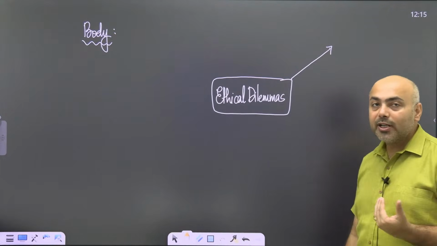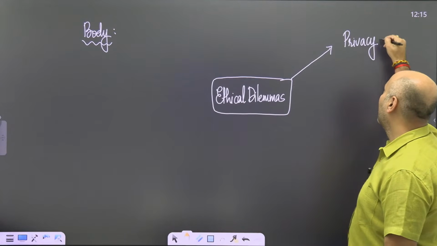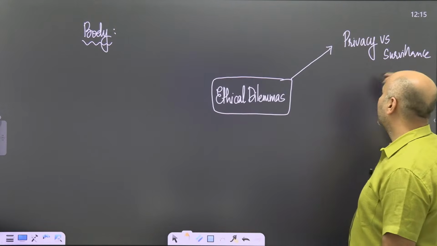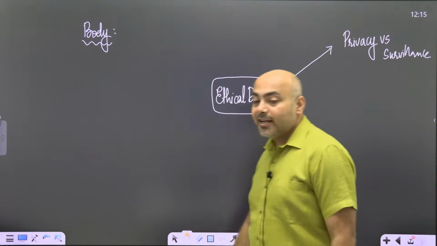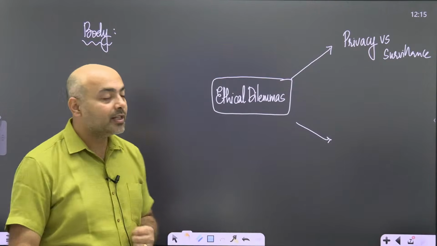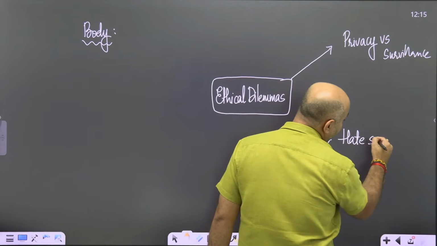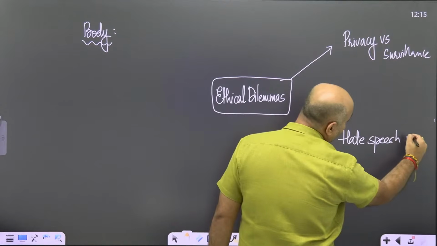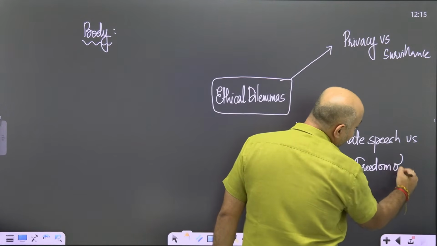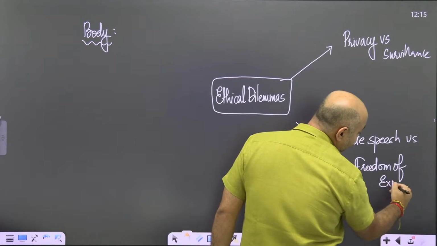certain ethical dilemmas like the dilemma of privacy versus surveillance. There is an issue related to hate speech, but at the same time freedom of expression or speech.